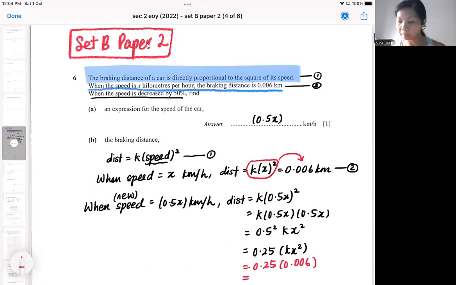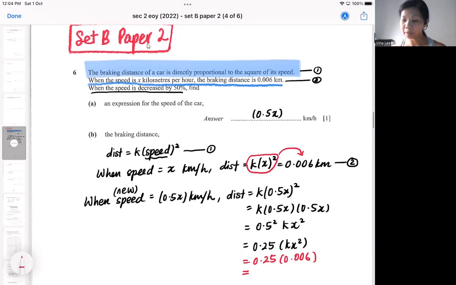So that will be my new braking distance, the braking distance that corresponds to the new speed when the speed is being reduced by 50%.